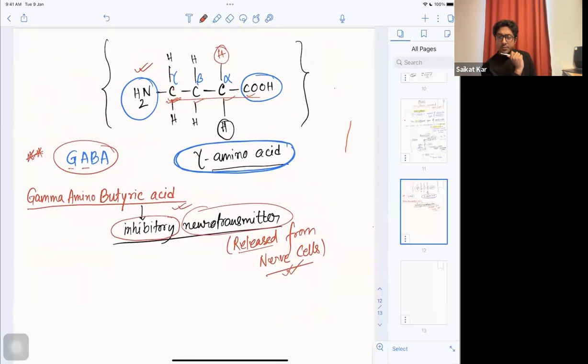There's a question from Ankit: I can read the full chapter Energy and Life after this lecture from Campbell. Yeah, you can read that chapter.